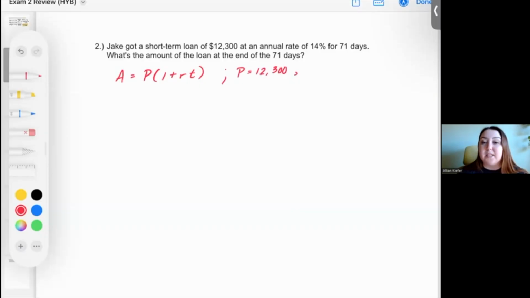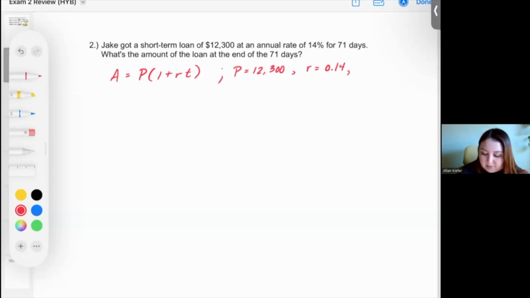Then we have our rate of 14%. Remember, we always want that in decimal with our calculations. So our rate, 14%, is 0.14 in decimal. And then lastly, we have our time. Our time is 71 days. And we said it before, we're using a ratio because time is typically written in years.